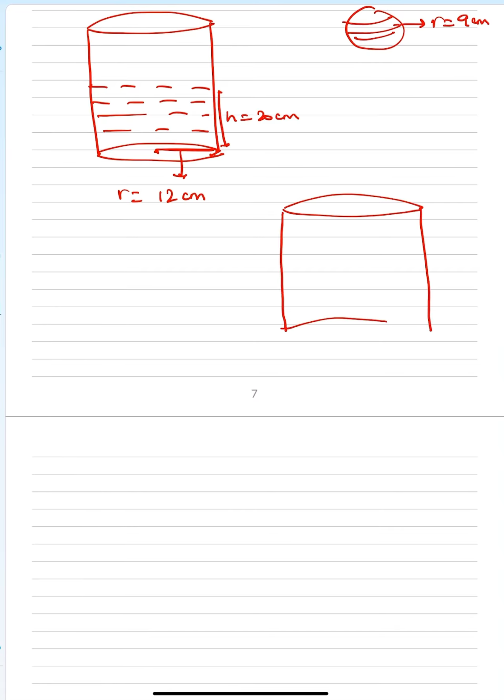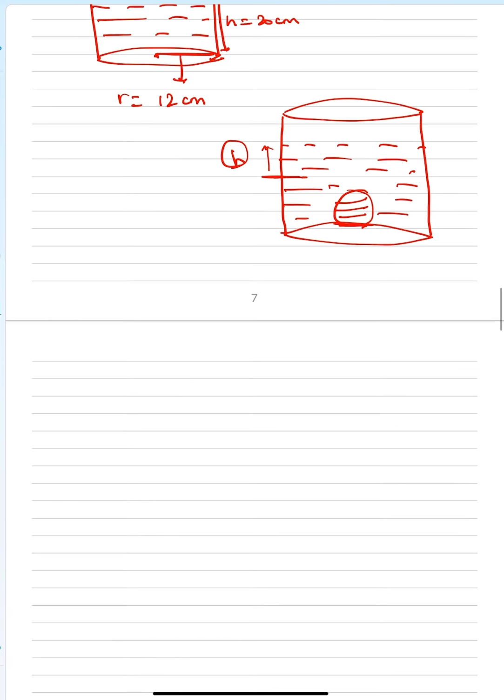Imagine that a ball is dropped in it. Because it is heavy, it is in the bottom of the cylinder. Again the same concept, that the water which is displaced will rise. So the height of the water will increase from here to here. This height we need to find out.